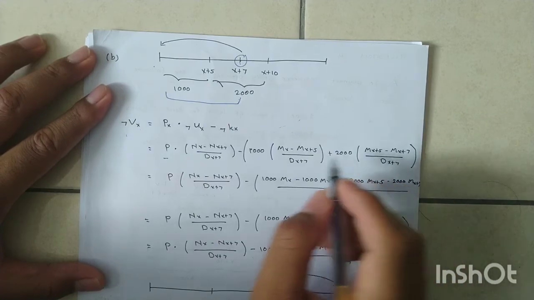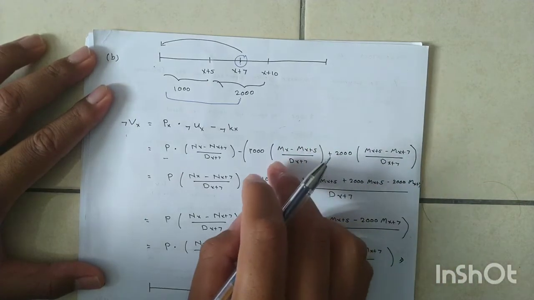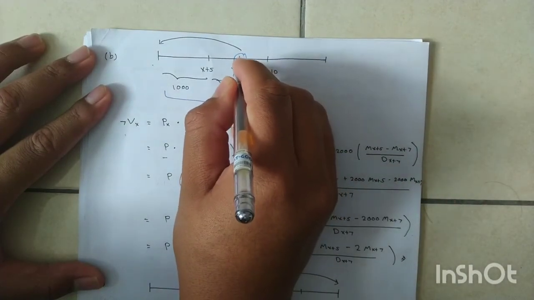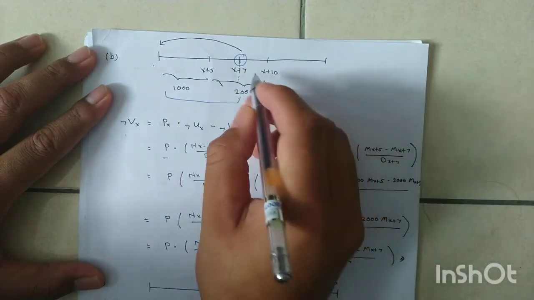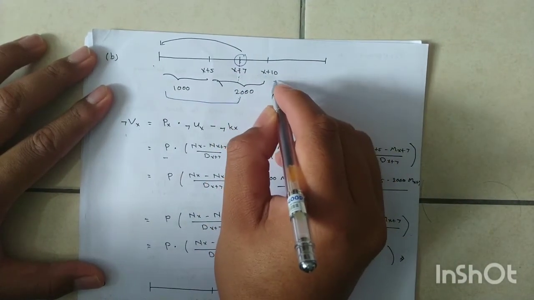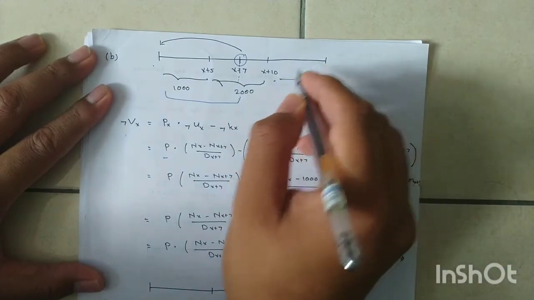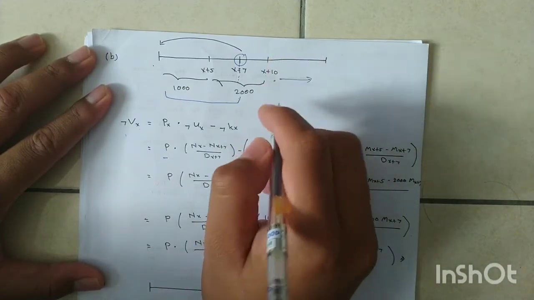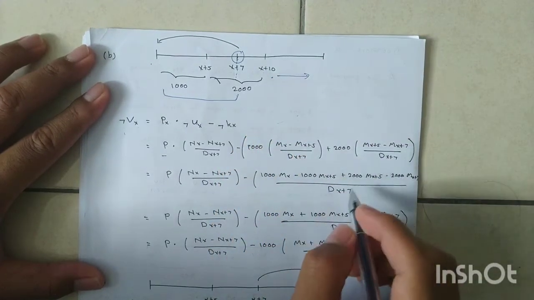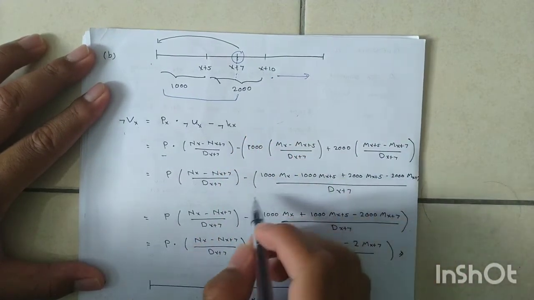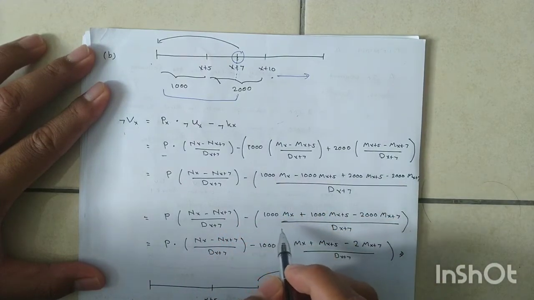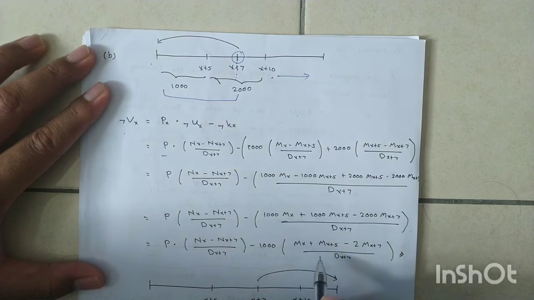The reason we didn't include the 3000 benefit is that the question only asks for the terminal reserve here, so the 3000 benefit only starts after this point. Then we expand the commutation symbols and simplify, and we get the answer.